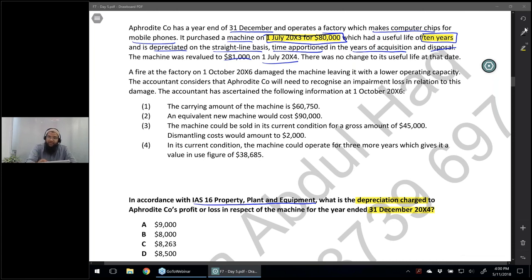So the asset was revalued to $81,000 on 1st July 20x4. There was no change in the useful life at that date.